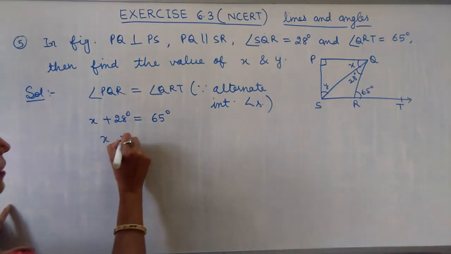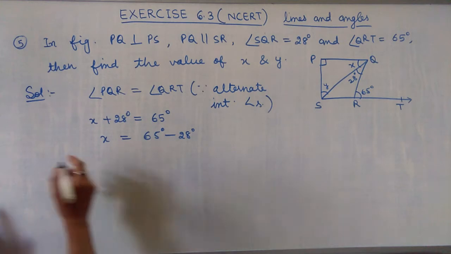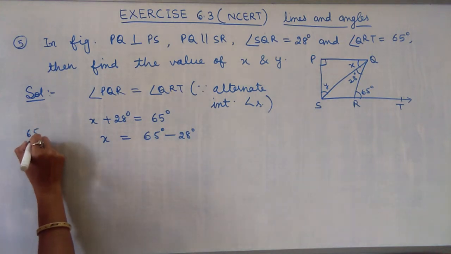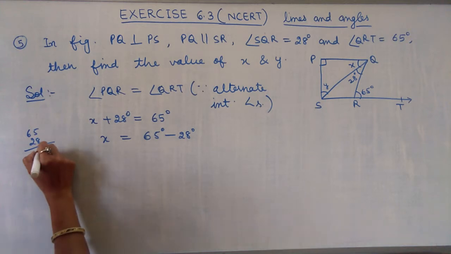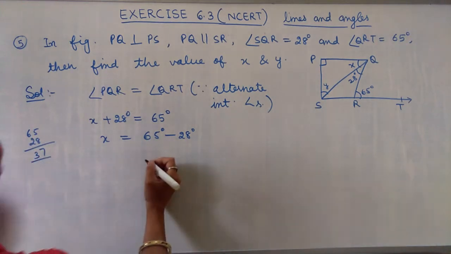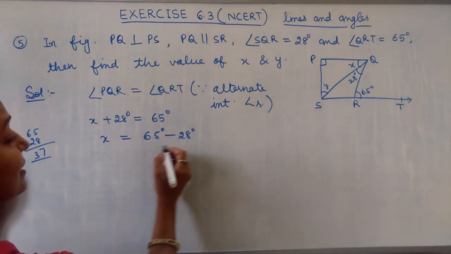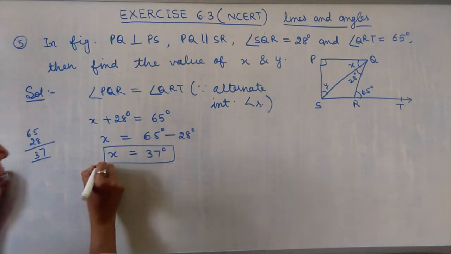So x is equal to 65 degrees minus 28. It comes here with the negative sign. 65 minus 28 is 37 degrees. So x has a value of 37 degrees.